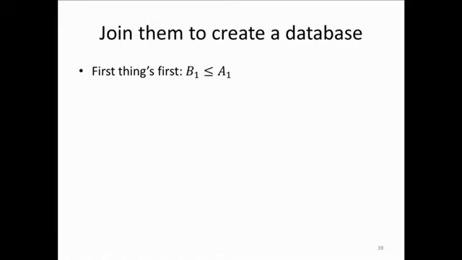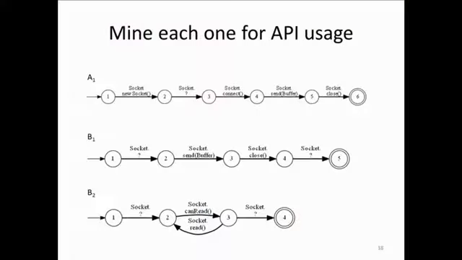We want to join them to create a database. Now, just to make it quicker, I'm going to do a slightly consolidating version as I join. Because I know that B1 is less than A1. Since we have the send and the close matching up, and if we assign an empty string there and the entire beginning of the automaton to there, we'll have word equality.